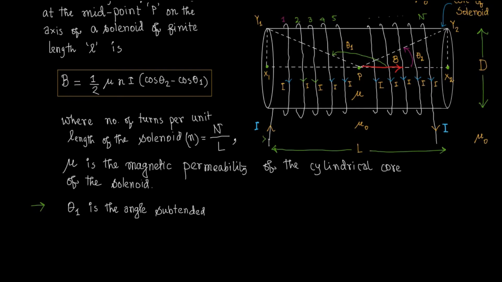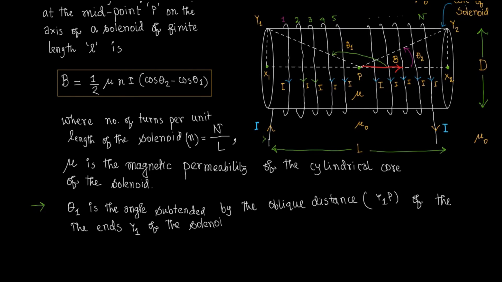That is, theta 1 is the angle subtended by the oblique distance y1p of the end y1 of the solenoid from the midpoint P with the axis of the solenoid.